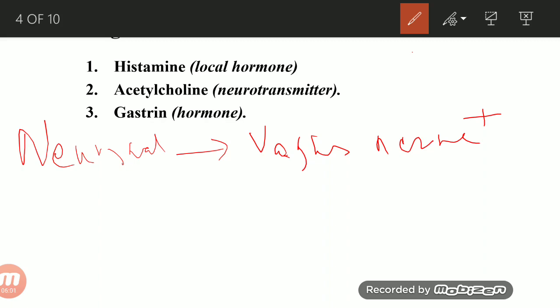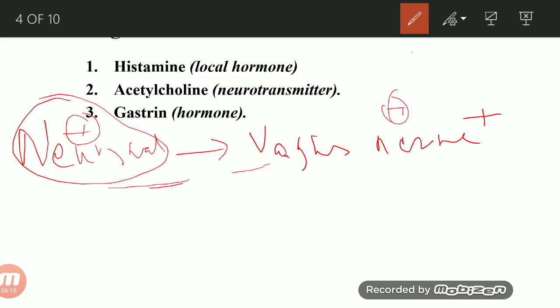So how does it do that? Now you have thought about food, so your neuronal control gets activated, your vagus nerve gets activated. On activation of your vagus nerve, it is going to send an impulse and release acetylcholine.